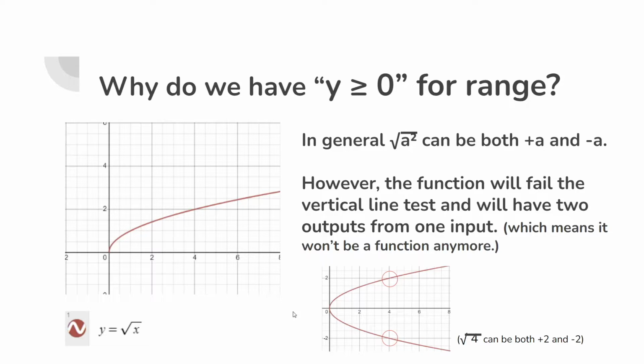If we look at this image, which allowed both positive a and negative a for output, then the graph will have 2 outputs for a single input. For example, square root of 4 can be both positive 2 and negative 2, and this is not a function anymore.